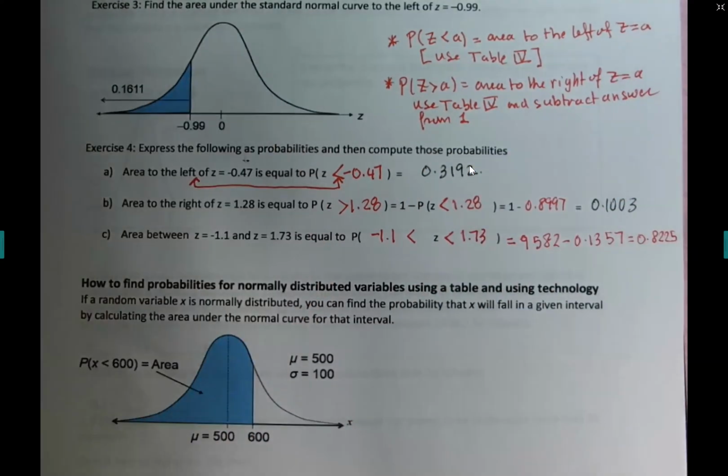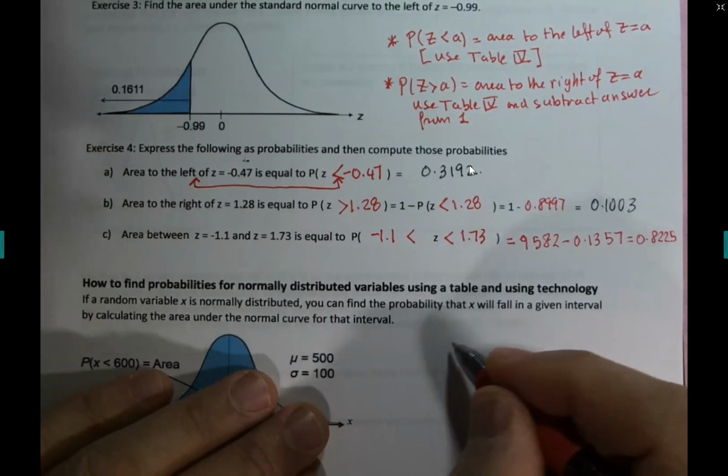Okay. For area, probability of Z between A and B, I'm going to write it right here.